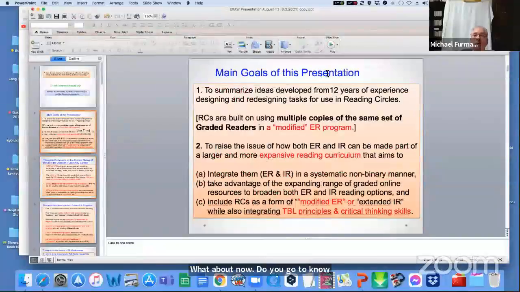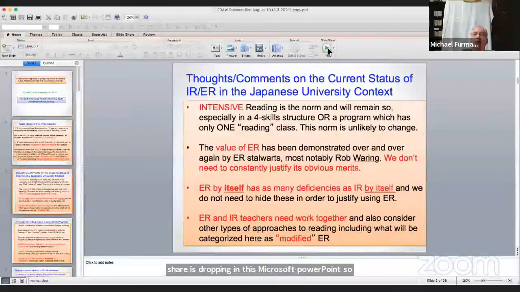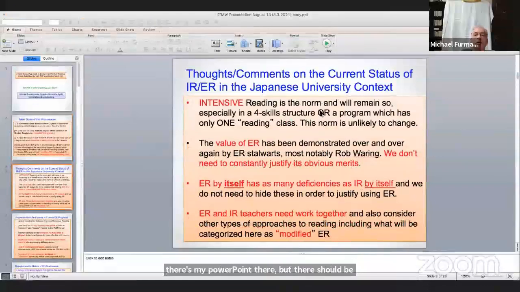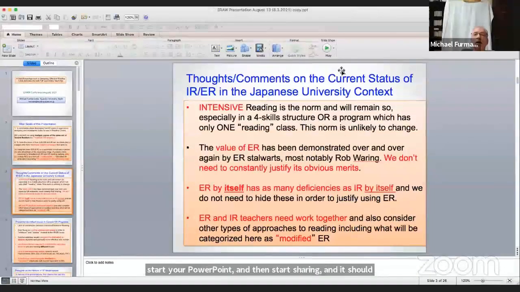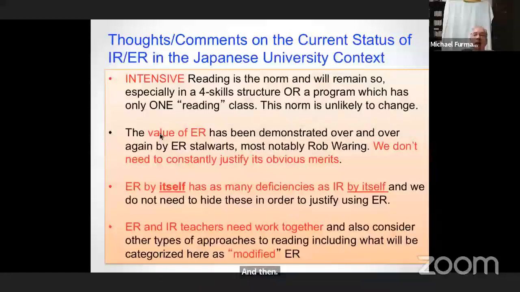No. There should be a choice when you go to the second share window, a choice of different windows to share. Desktop, and then there's Microsoft PowerPoint. So there's my PowerPoint there, but there should be another PowerPoint window. If you start your PowerPoint, and then start sharing, it should share. Okay, I'll stop sharing, and then I'll go to the PowerPoint and start it. How about now? Right, yes.